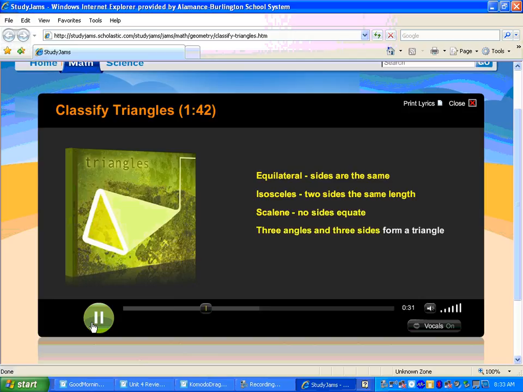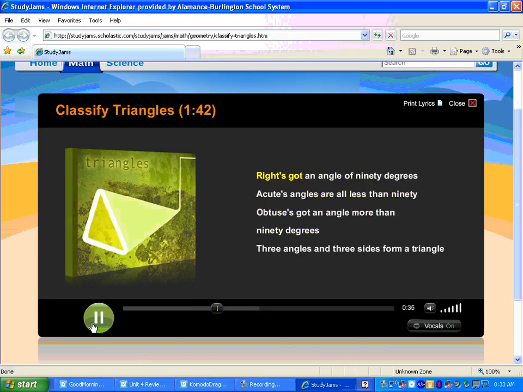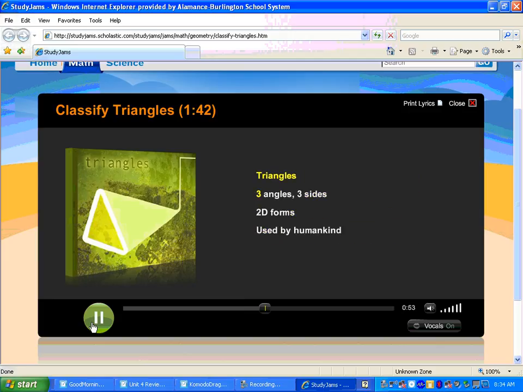Triangles and three sides form a triangle. Right's got an angle of 90 degrees. Acute angles are all less than 90. Obtuse has got an angle more than 90 degrees. Triangles and three sides form a triangle. Triangles, three sides.